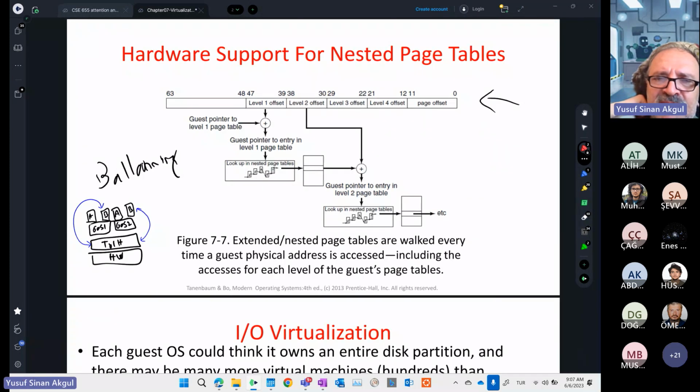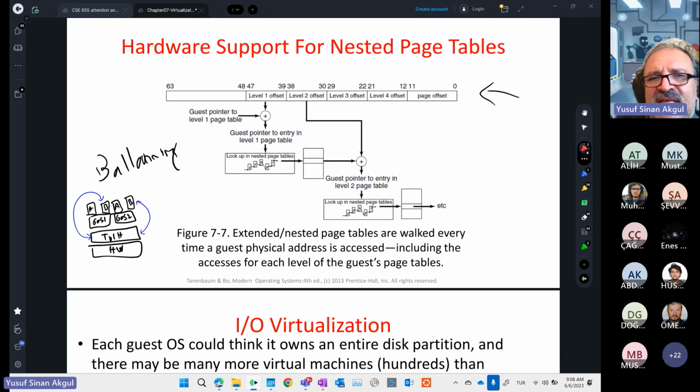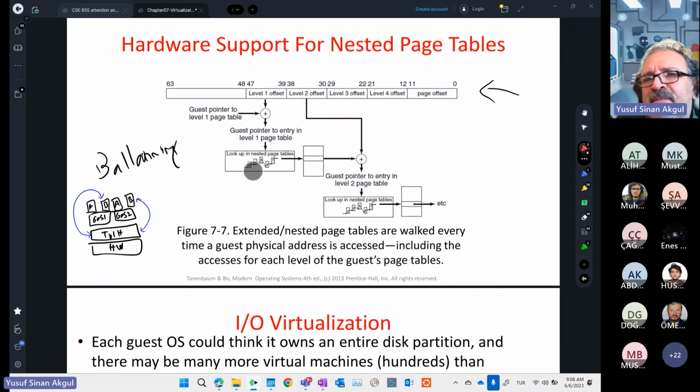Remember the Intel architecture for the 4-level page tables. When you translate the level 1 offset, from the guest page table to the level 1 page table, you do this translation again through nested page tables and produce a physical address. You get it from the second level, you do it again, etc. This is all done in hardware.